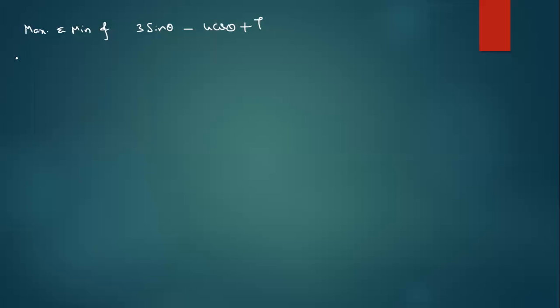What to do here? Here a is 3, b is minus 4, c is 7. Once again, a can be taken as minus 4 and b as 3, no problem.